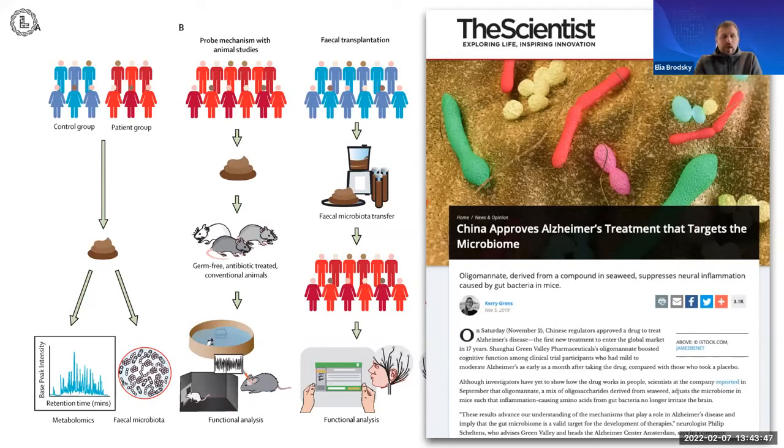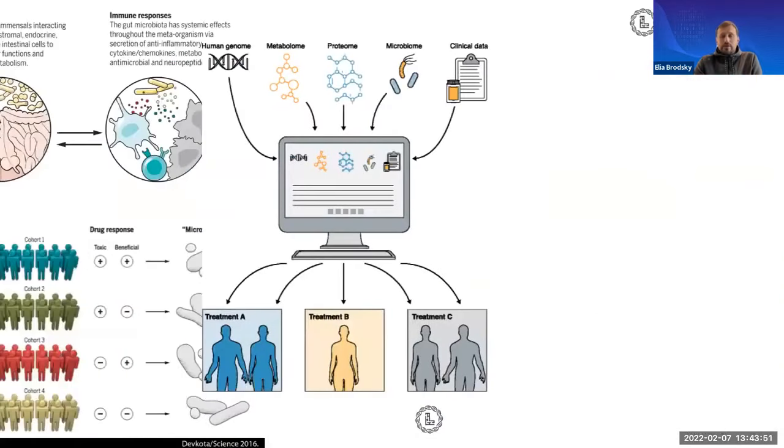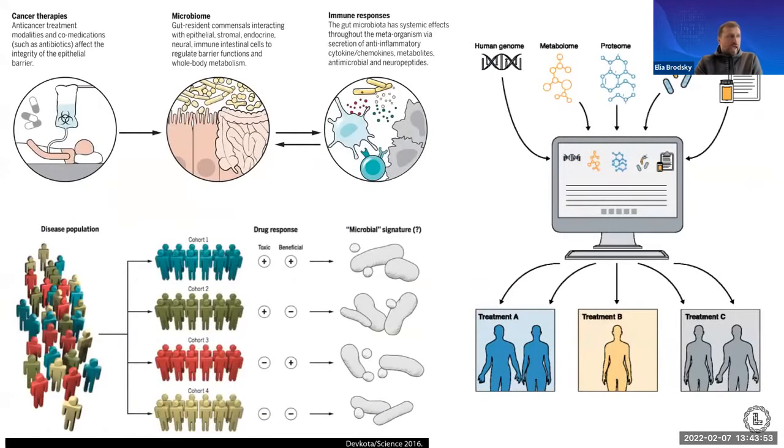So there are different types of applications of microbiome, obviously going beyond some of the basic research questions, and trying to incorporate the microbial signatures into practical applications, including clinical applications like treatment, or even understanding of the impact on other types of treatments, like, for example, immunotherapy.